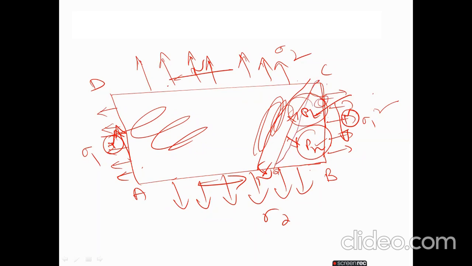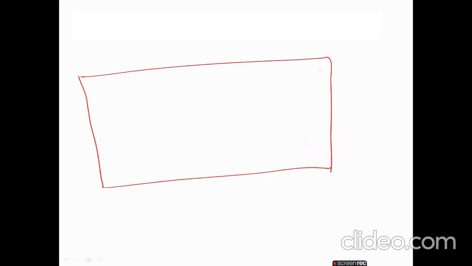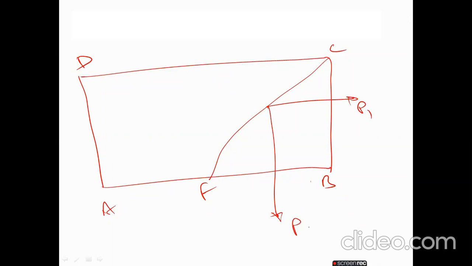Now if you consider this FBC triangle, I will draw it clearly. This is the section F, C and B, A, D. This one is P1. The downward direction is P2. And this one is Q1 and this one is Q2.